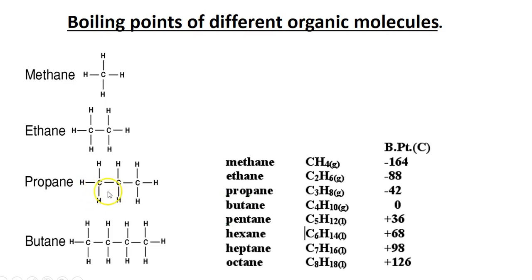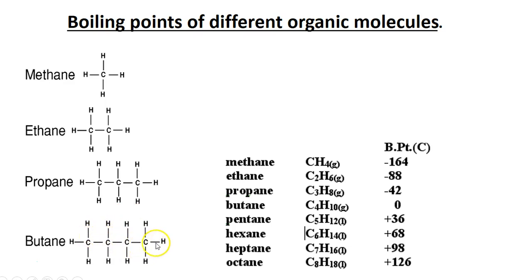So if the same thing were happening to another propane molecule next to it, then you would get a bond momentarily at this end of the molecule. And then they'd all flow back and the bond would break. But the same thing could be happening here, and then later on, the same thing could be happening here.